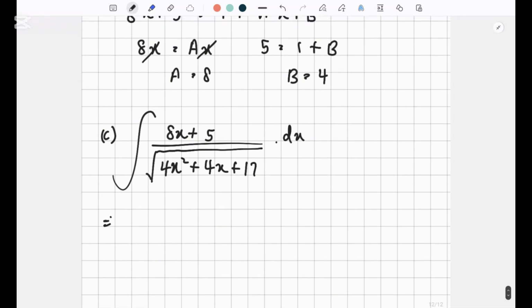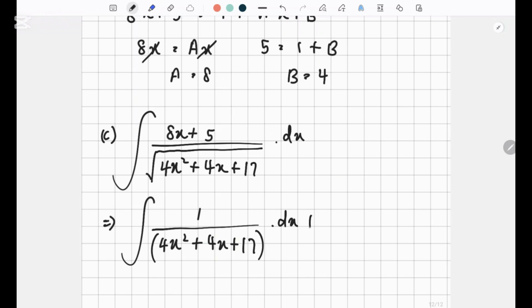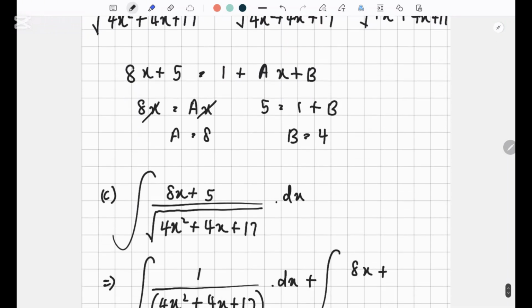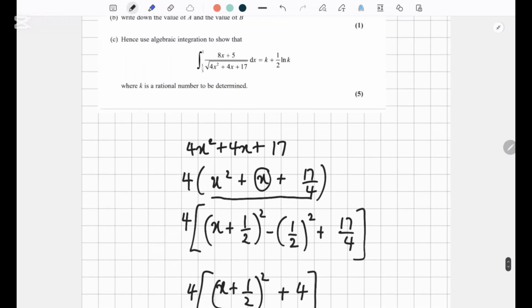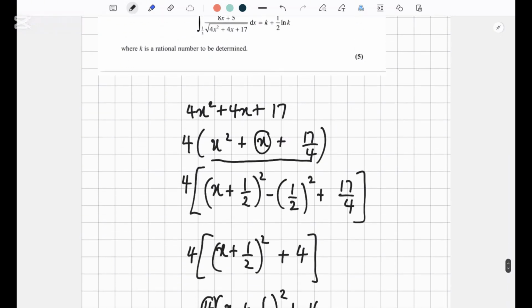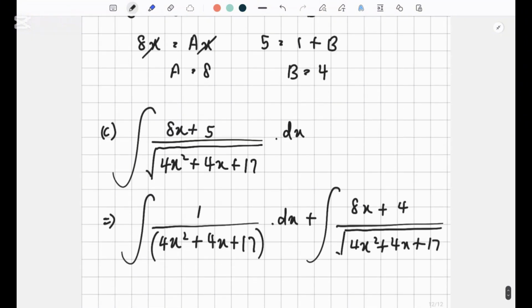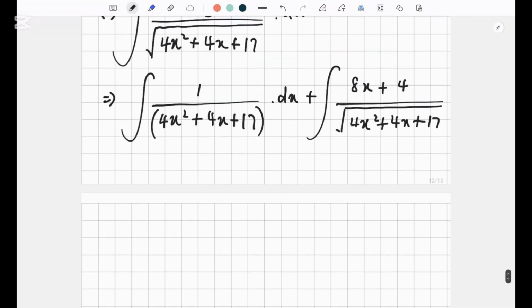So you can write this as the integration of 1 over (4x² + 4x + 17) dx, plus the integration of (8x + 4) over (4x² + 4x + 17). Okay, now let's integrate it.